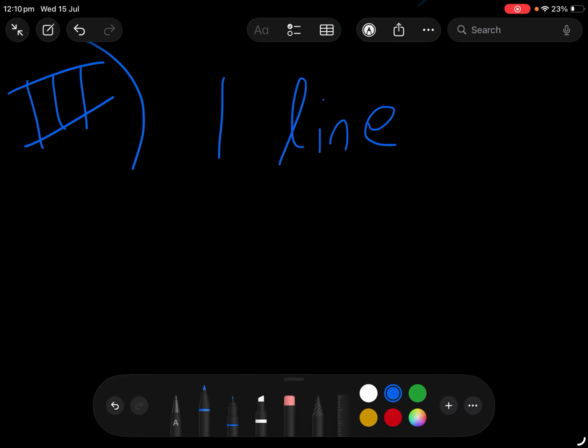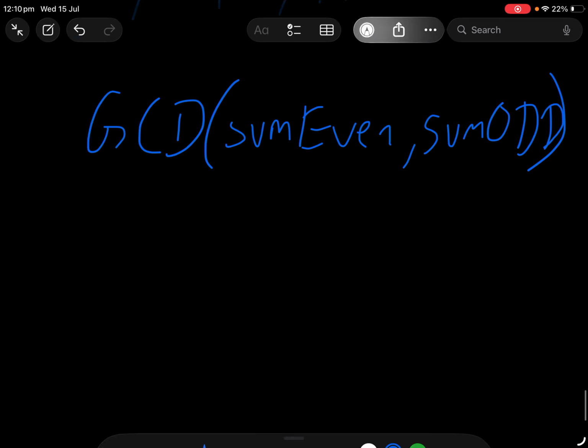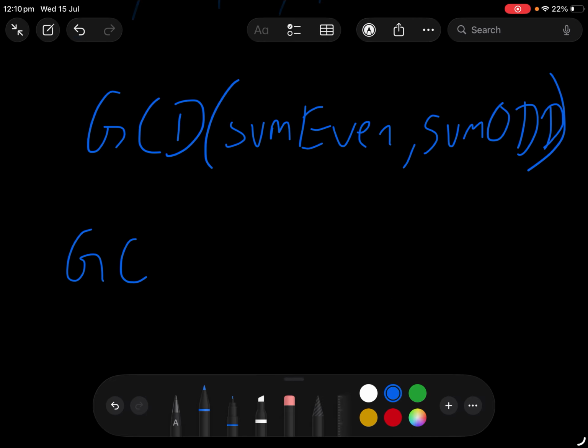What we have to do basically is calculate the GCD of sum even and sum odd, right? Let's apply the formula: sum odd is n square, and sum even is n square plus n.